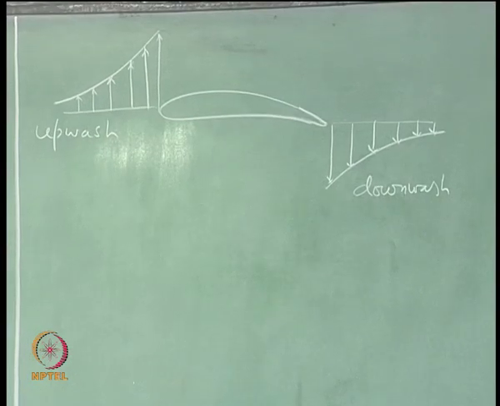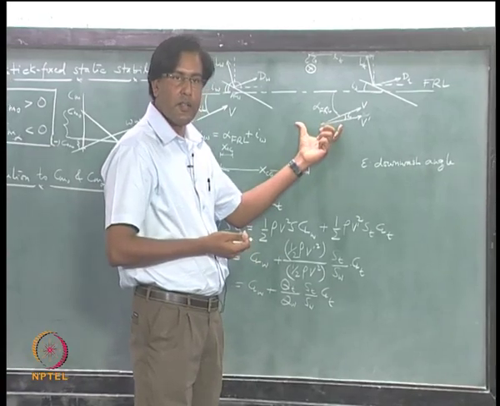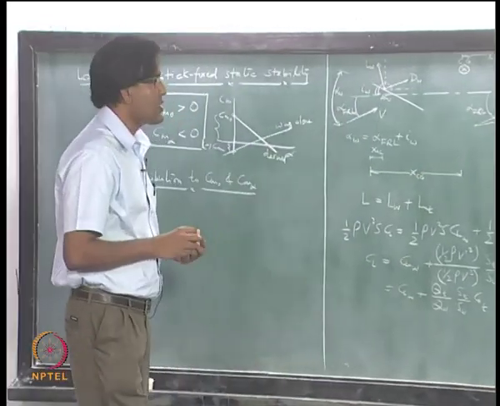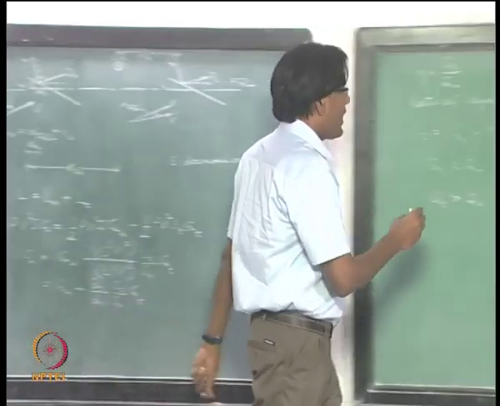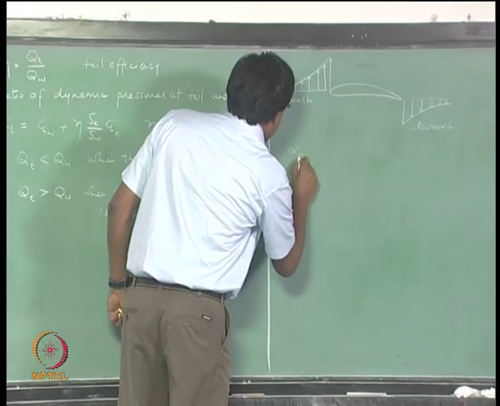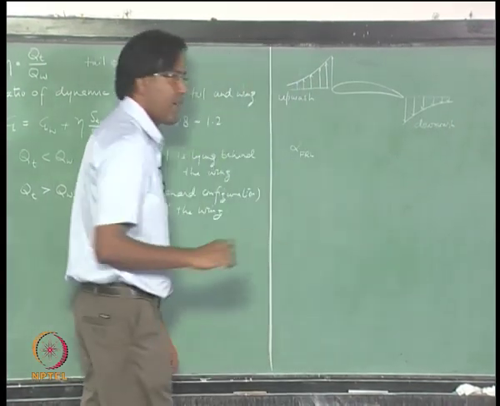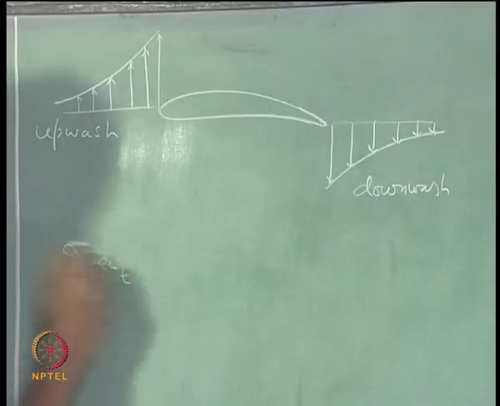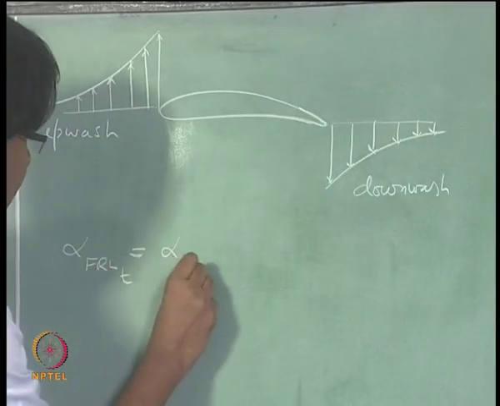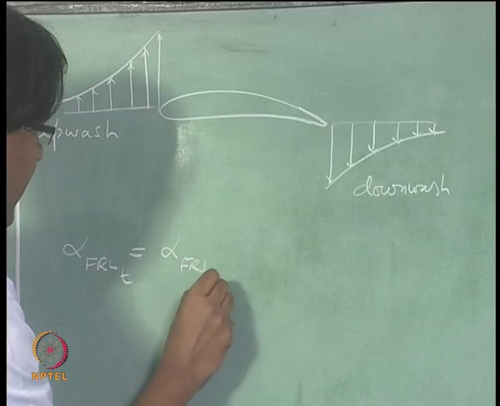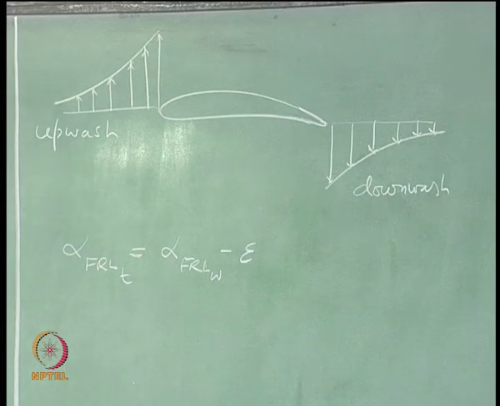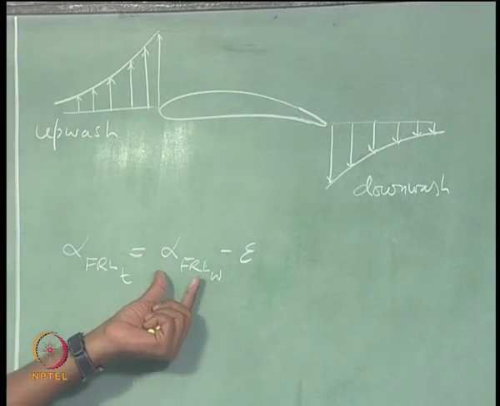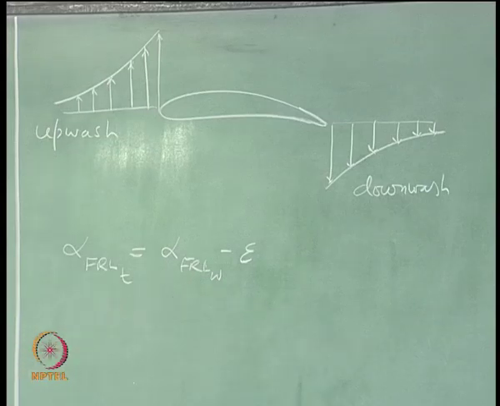How is the angle of attack going to change at the tail now because of this downwash? So, alpha FRL at the tail is going to be that at the wing minus this angle, right. And I have said that we are going to treat this angle of attack, okay, as the angle of attack of the aircraft, right.